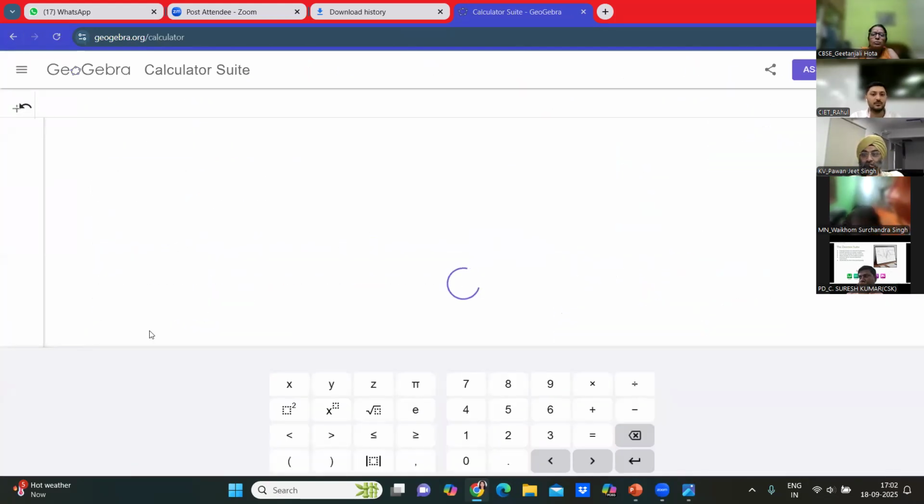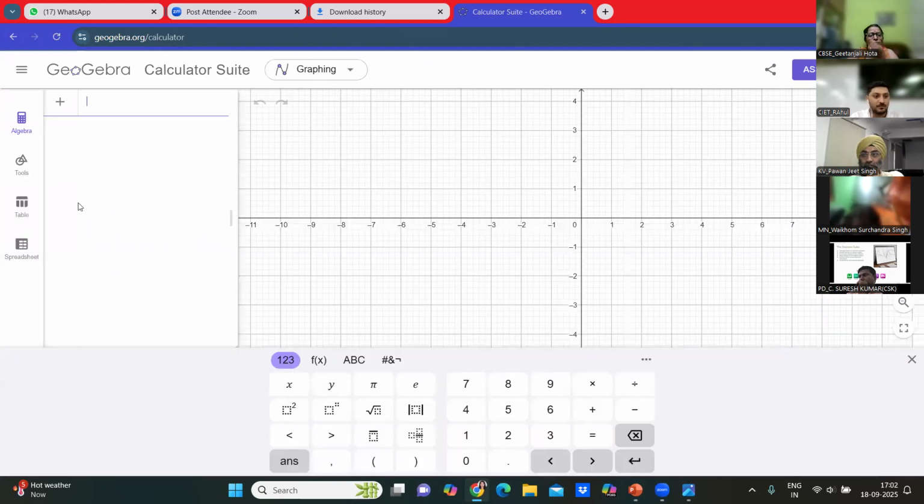Start calculator. Here are many tools which help students in mathematics: algebra tools, table, and spreadsheet.